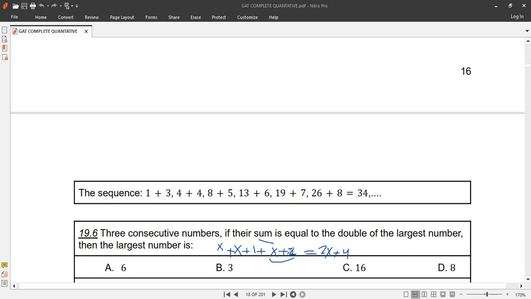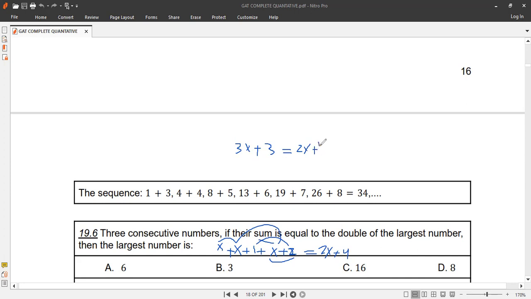Now we solve this equation. If you combine the like terms here, we have x, x, x. We have 3x on the first side, plus 1 plus 2 equals 3, equals 2x plus 4.